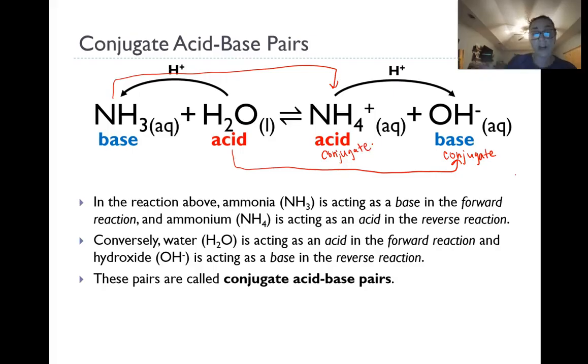So its conjugate acid is NH4 plus. The conjugate acid-base pair would be NH3 and NH4 plus, and then we have another conjugate acid-base pair, and that would be the water and the hydroxide. Basically it's like how it started and how it ended, but they're called conjugate acid-base pairs.